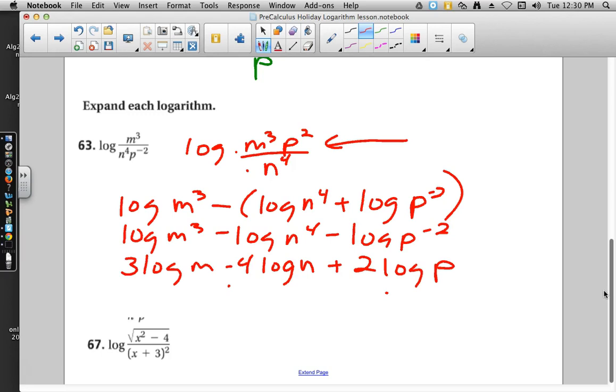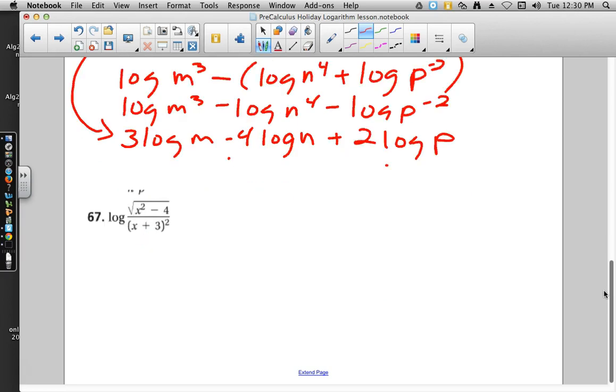So whether or not you notice right away that this negative 2 power should go to the numerator, or you don't, and you just go ahead and do the math for logarithms, you will get to the same expansion. It won't make any difference, which is really nice.